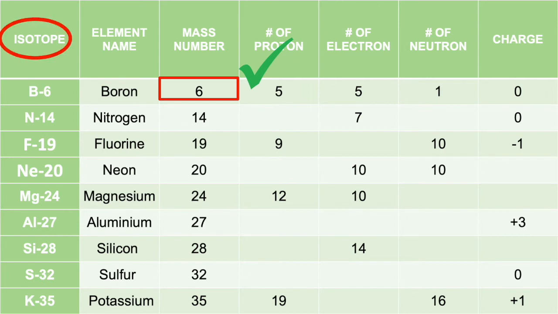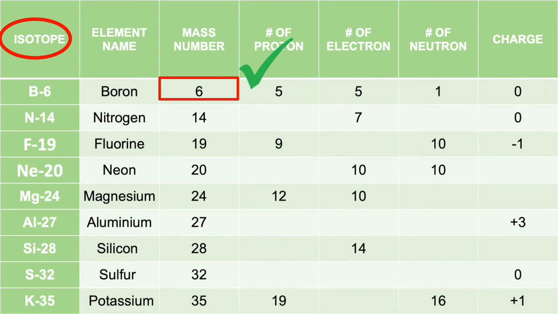Take note that we are talking here about isotopes, and boron has some isotopes, meaning that it is still boron because it still has the same number of protons, which is 5, but it's just a little different as the number of neutrons is different.